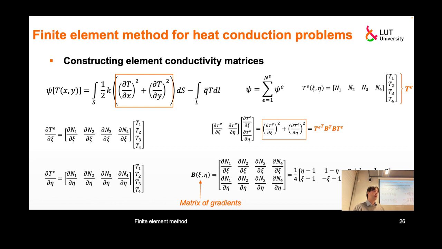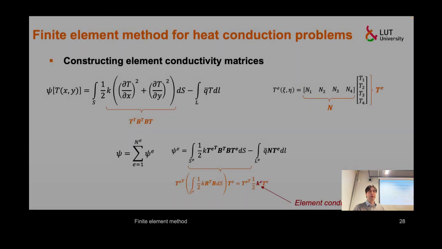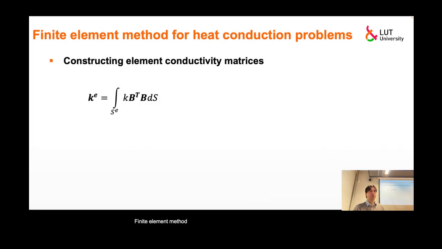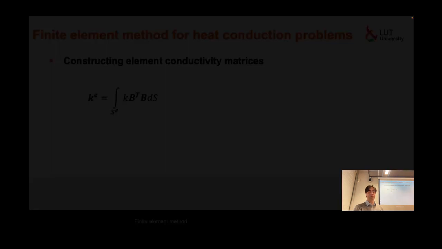We will have to make this transition to global coordinates at some point, and this is a good point where you should make it. You should calculate this integral over the real area of the element, and then make this transition. We will use the Jacobian matrix, of course.